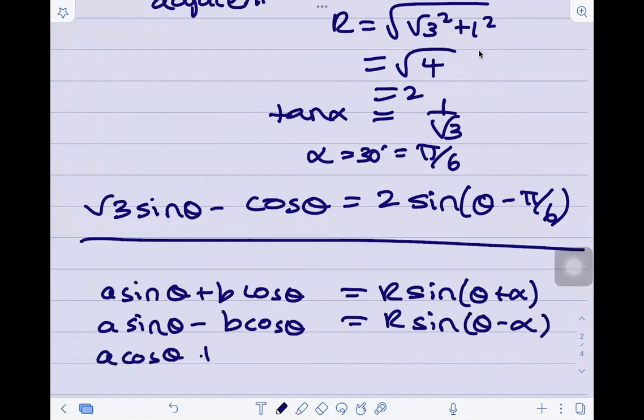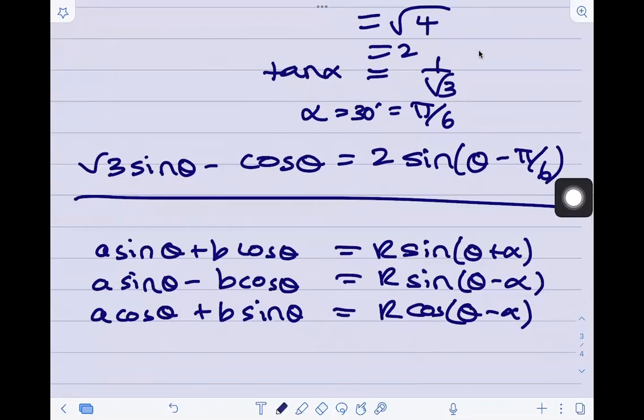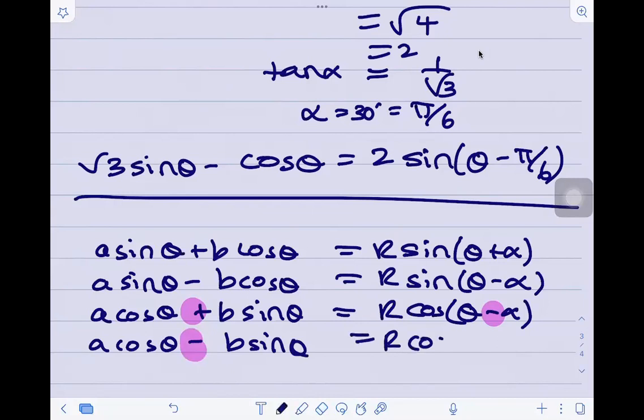But if the cos theta one is first, then that will go to r cos theta minus alpha, because the cos, see how the sign in the middle changed. And a cos theta minus b sine theta, this sign's going to change. So that's r cos theta plus alpha.